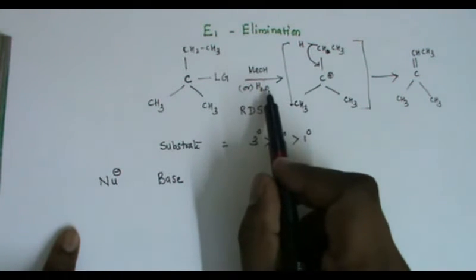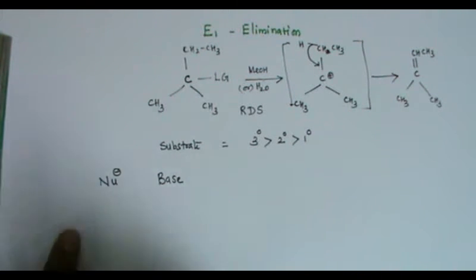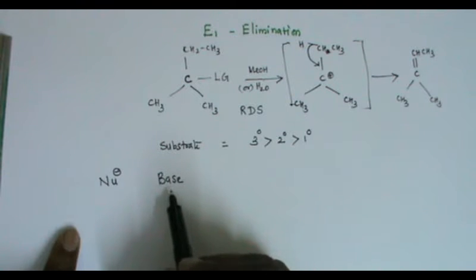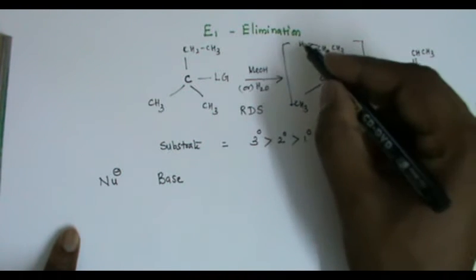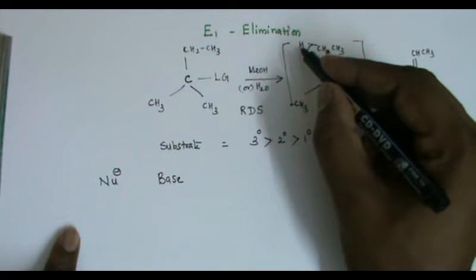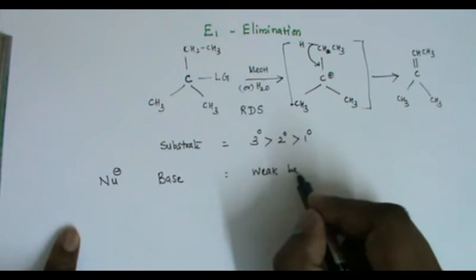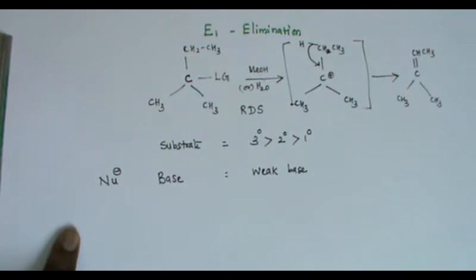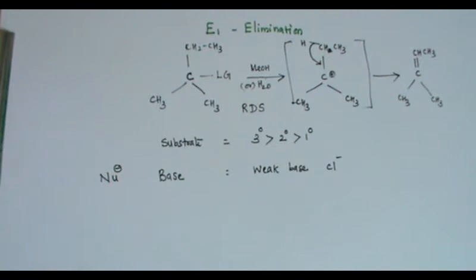When it attacks an electrophile, we call it a nucleophile. When it takes a proton, we call it a base. Since it is a carbocation, this hydrogen will be highly acidic. So it can be taken even by a weak base, or even Cl minus.